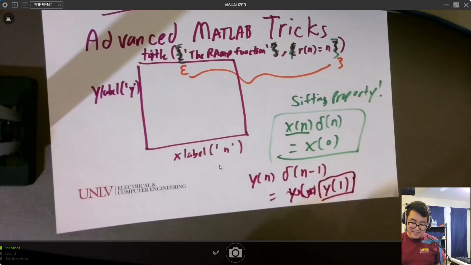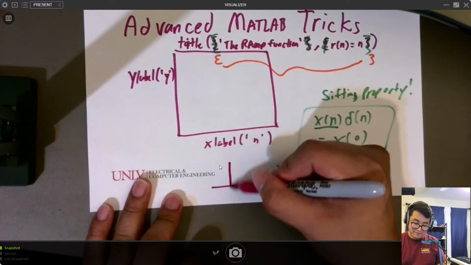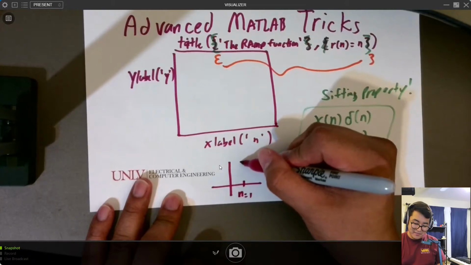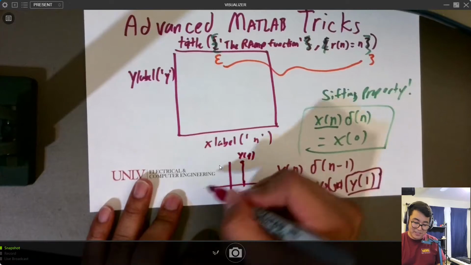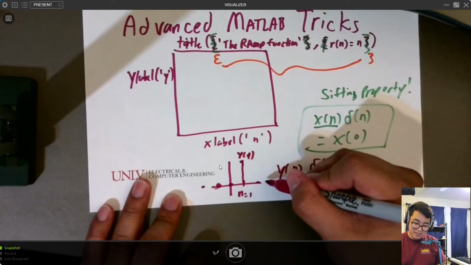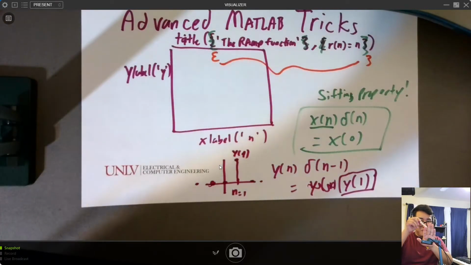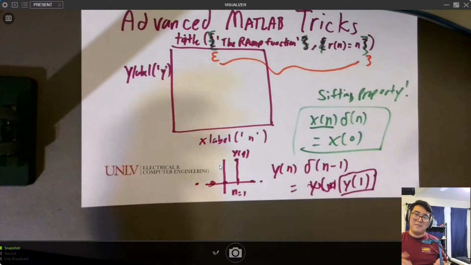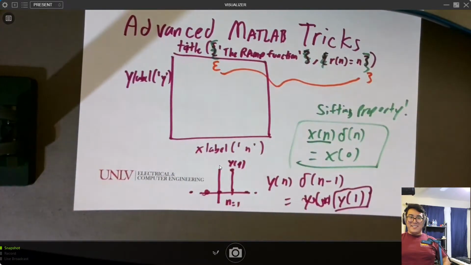If you plotted this at n equal to 1, whatever y of 1 is, that's the value it will show, and everything else will be 0. You know what I mean, right? Just one point comes out. That's the sifting property: just sift one value and that's it. So don't forget that. That's going to be on the exam. We'll probably go over that more on Friday with a little quiz I'll create for y'all to make sure you're well aware of what's going on.